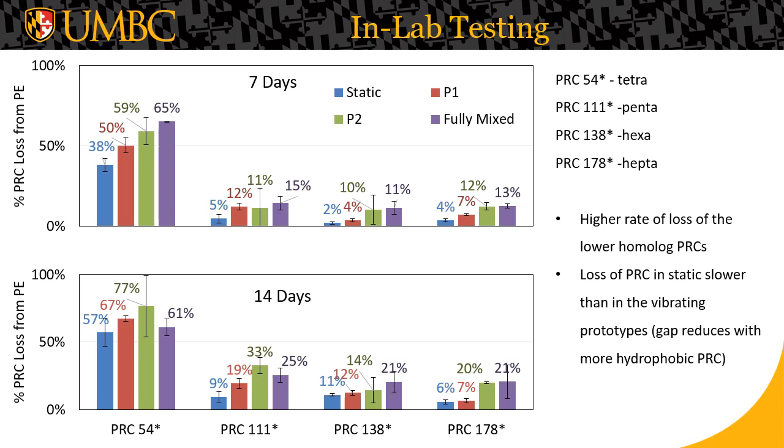P2, however, has been losing PRCs all the way because of the more intense vibration. Achieving more than 10% loss may be sufficient to perform PRC calculations and estimate pore water concentrations. So we do see promising results, but we are working on making this even better.